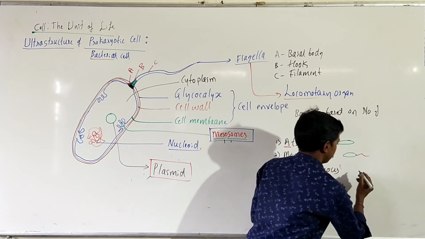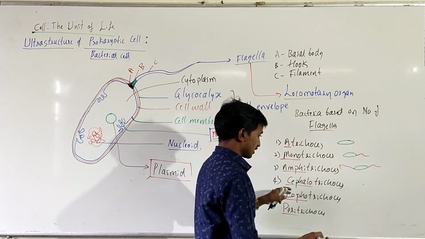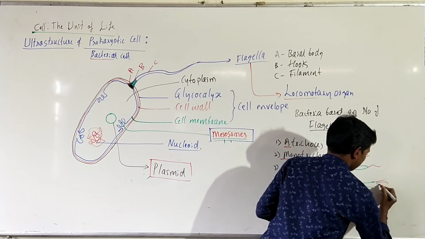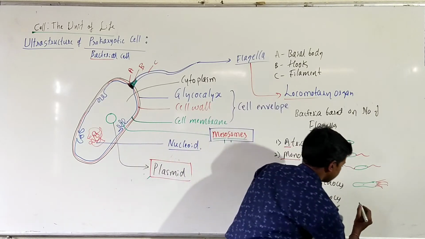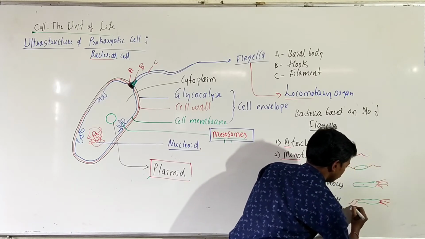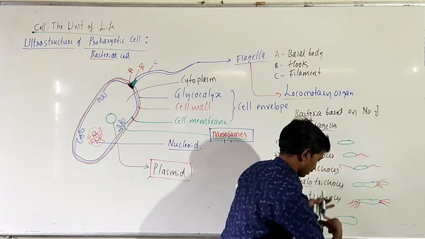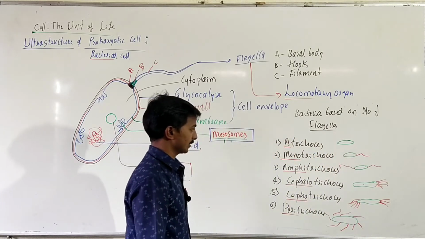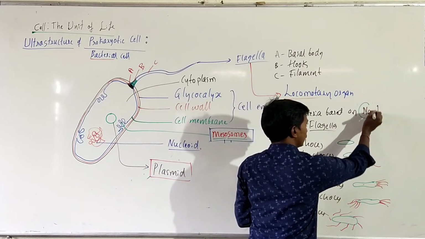Let me draw it again for better understanding: flagella on both sides. Cephalotrichous means a bacterium with a bunch of flagella on one side. Lophotrichous is a bunch of flagella on both sides. Lastly, Peritrichous is flagella around the body. These are the types of bacteria based on the number of flagella.